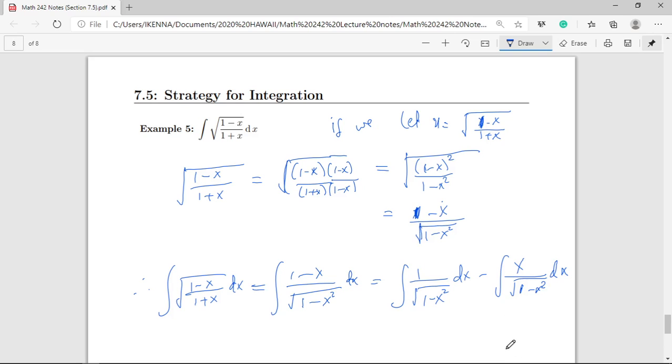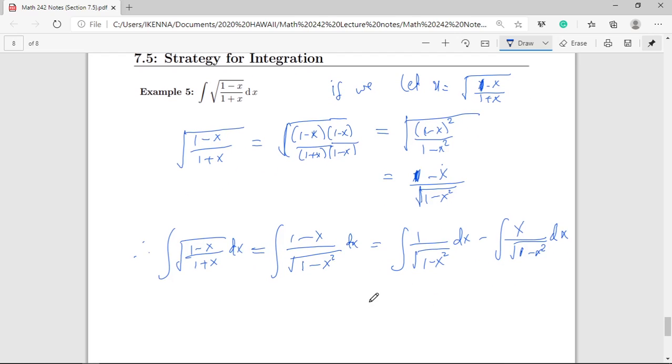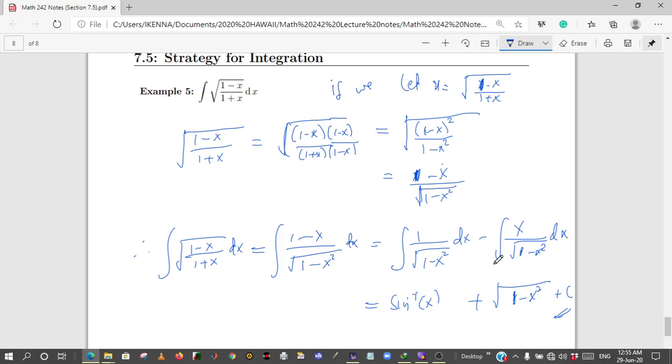And believe me, at this point you can integrate this. Recall that if you integrate this, you get inverse sine of x. And you can integrate this other one by making a u substitution. When you make a u substitution, this minus is going to make this plus, and we have square root of 1 minus x squared plus a constant c, and this will be all for this.